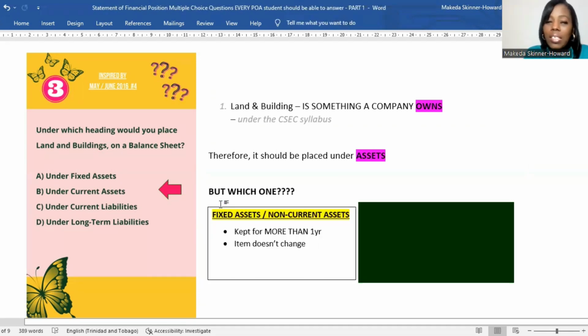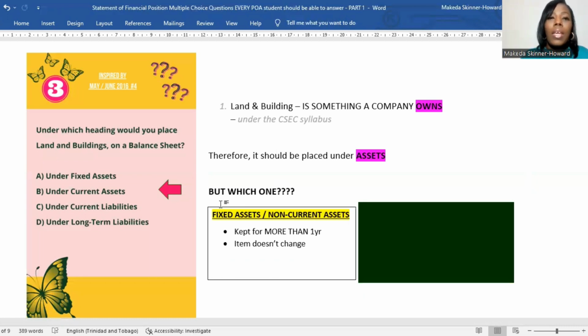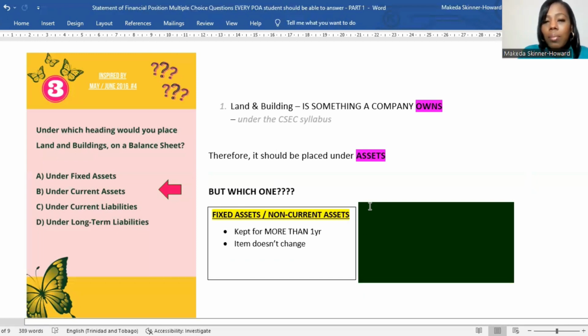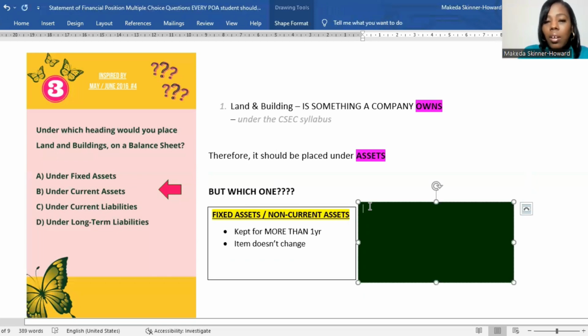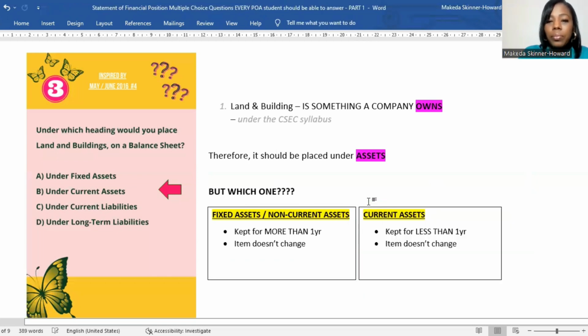Does it meet the criteria to go under fixed assets? Is it going to be kept for more than 1 year? The items that go under fixed assets are normally kept for more than 1 year, and these items do not change value often. Whereas your current assets are kept for less than 1 year, and these items do change very often.